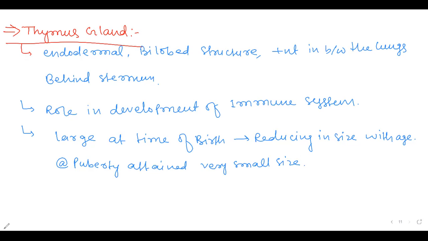The outer part is the cortex, which consists of densely packed lymphocytes, and the medulla consists of reticular epithelial cells, which has few lymphocytes. We also call these corpuscles of Hassall or thymic corpuscles, which are phagocytic in nature.